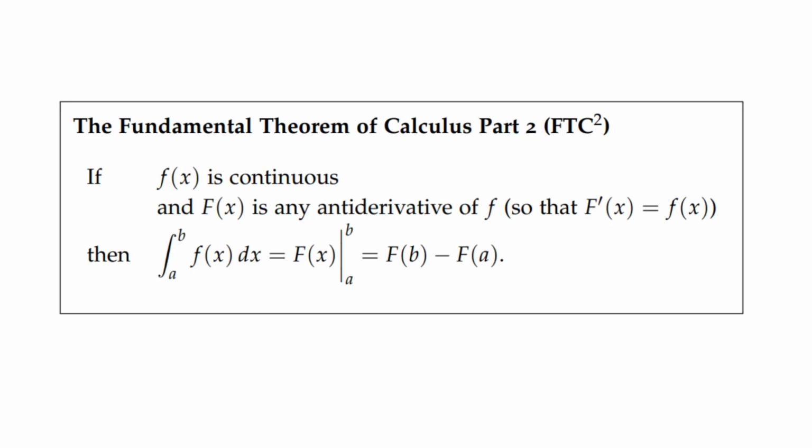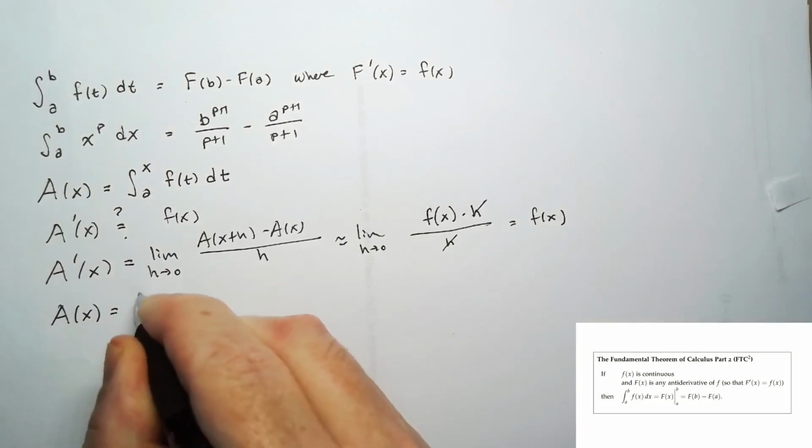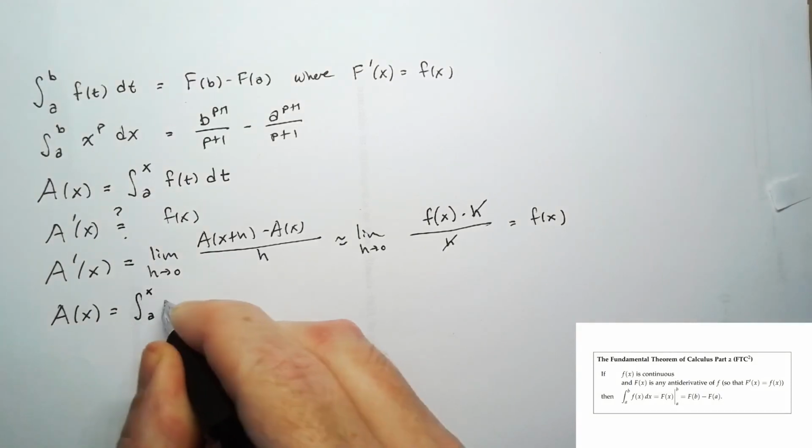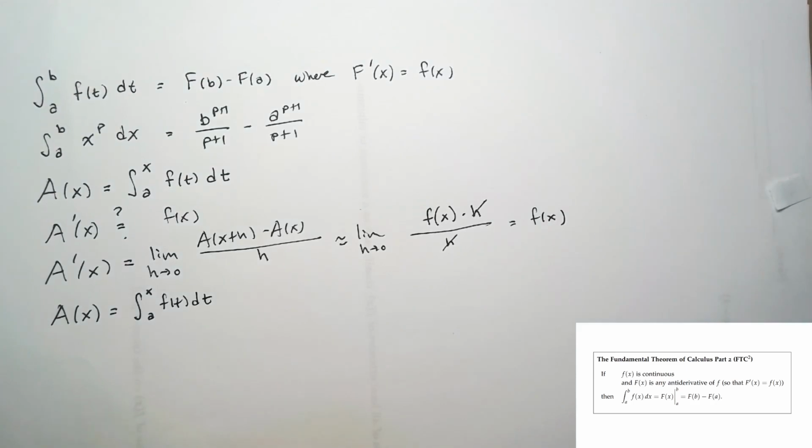A consequence of the first part of the fundamental theorem of calculus is the second part of the fundamental theorem of calculus. We know that our area function, A of x, the integral from little a to x of f of t dt, is an antiderivative of our integrand little f.